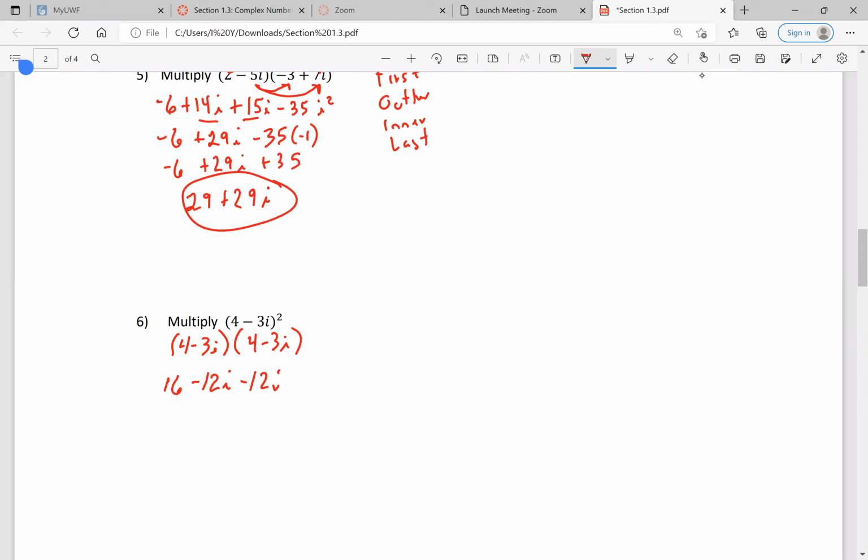And last times last, negative 3i times negative 3i is plus 9i squared. So this is 16. Combine the like terms, and we have minus 24i, and this is 9 times negative 1, which is, of course, negative 9. Subtract 9, I get 7 minus 24i.